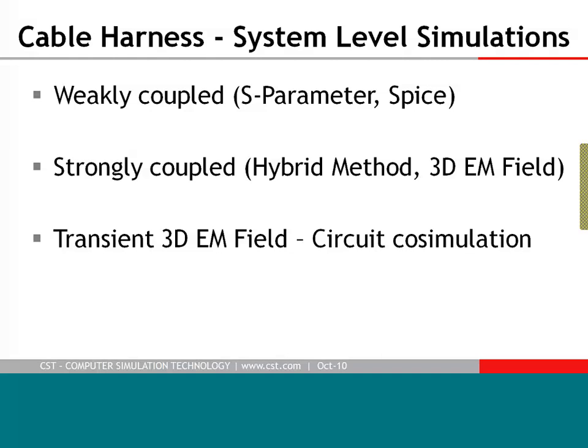Could be a weakly coupled system, so an S-parameter simulation, putting in cascade, or a SPICE simulation putting in cascade would be enough. But if you have a strongly coupled system, like in this case, you might need other techniques, like the hybrid method, which I'm going to show. And don't forget the circuit elements available, which might require, again, a co-simulation between 3D electromagnetic field and circuit.